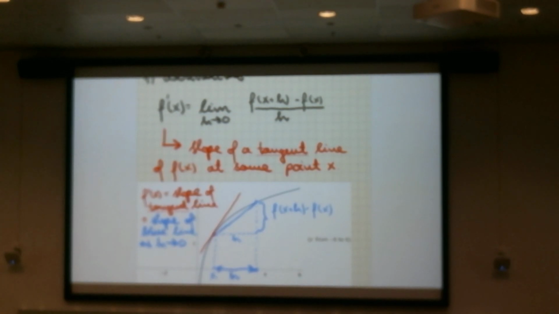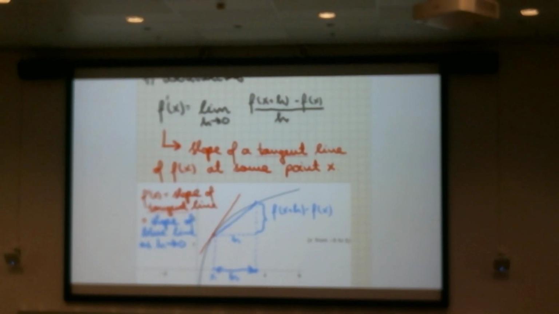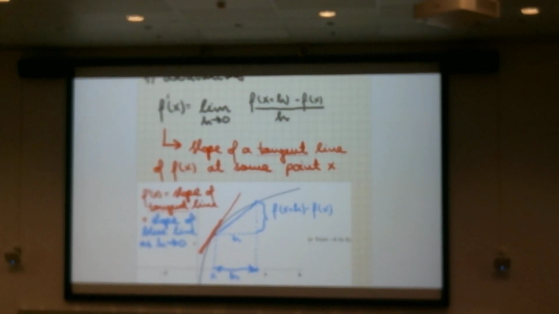So the natural way to measure how fast the function changes is to take this so-called tangent line and draw it in such a way that it just touches the graph at a certain point. For example, the red line right here. Now, the derivative of a function is exactly the slope of this red line, the tangent line.